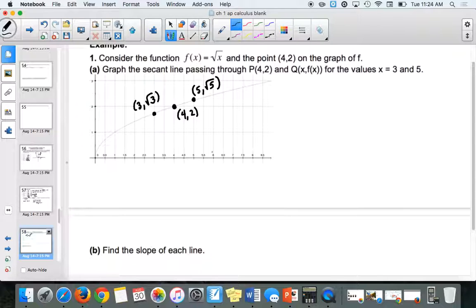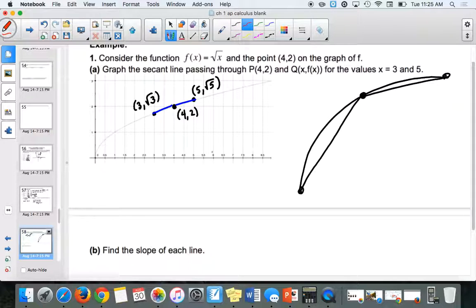All right. So what we're going to do is we're going to connect the 2 points here, and then we're going to connect these 2 points here. So if I exaggerate this, here's what's happening. Here's my point. If I connect this one, and if I connect, let's say, these ones, and then I talk about the slope of the tangent line.